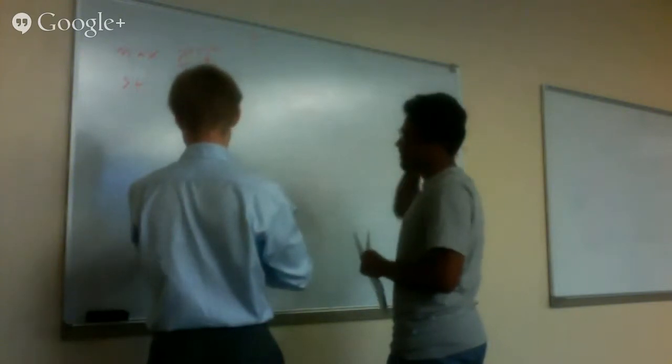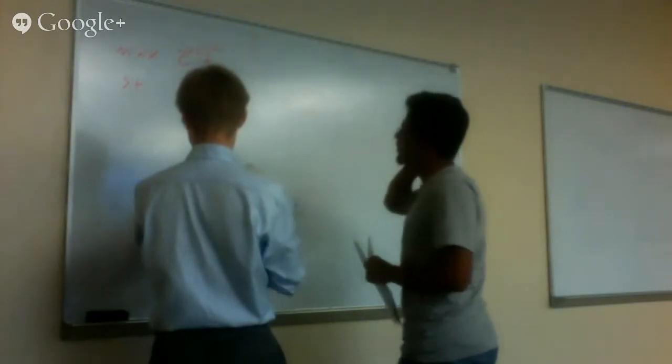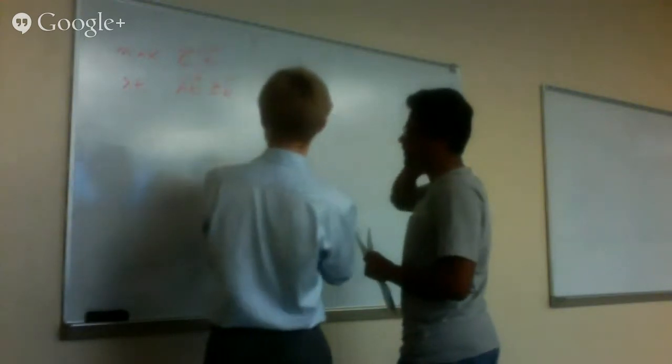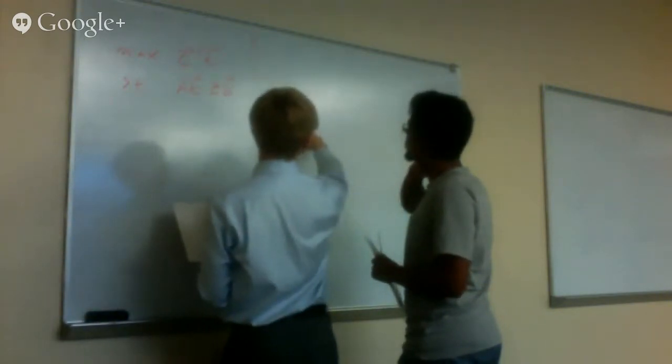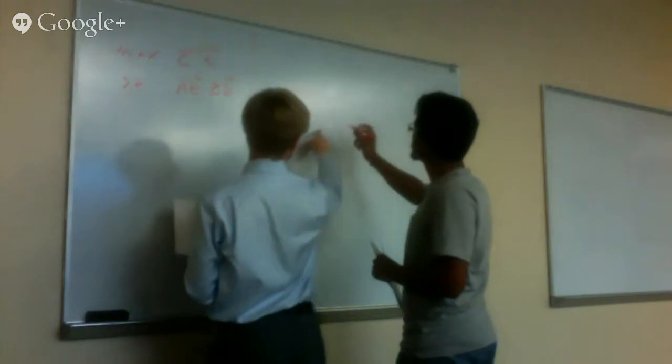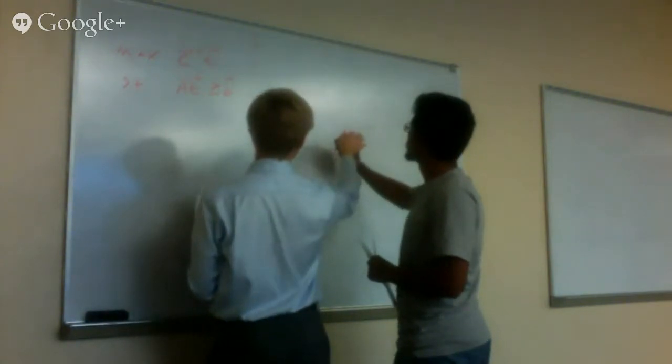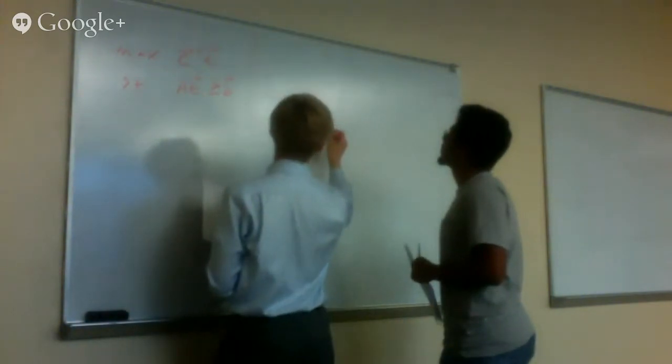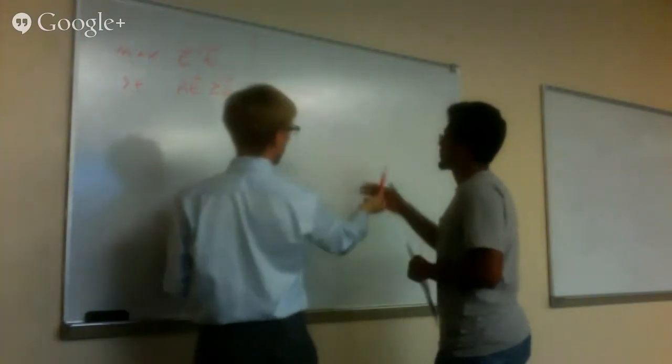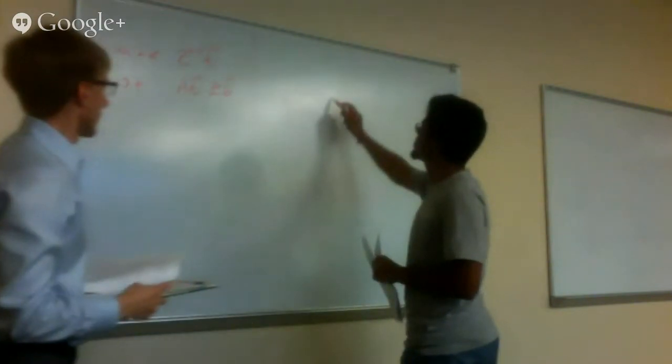So this is our X and this is our Y in this case. So can we write this sort of as a partition matrix?